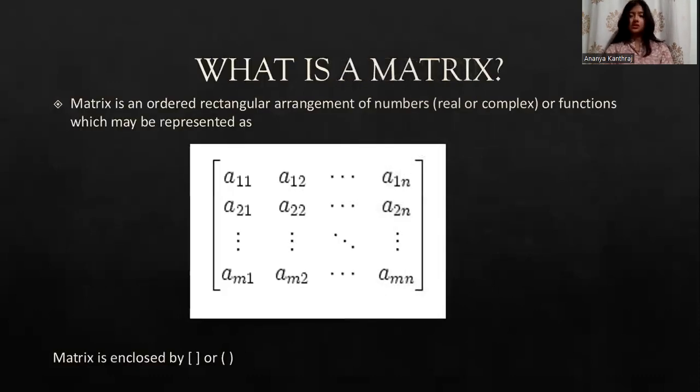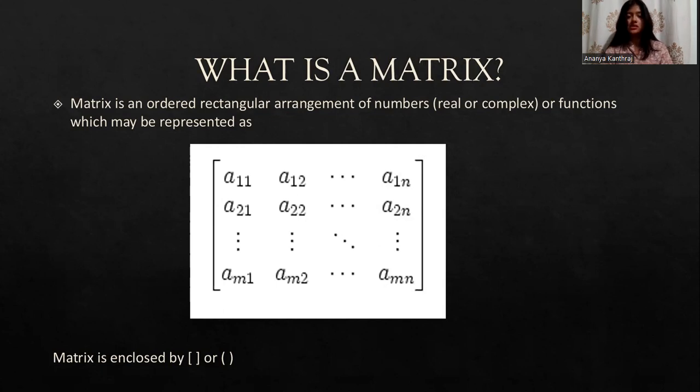So basically, what do you understand by a matrix? A matrix is an ordered rectangular arrangement of numbers. The numbers can be either real or complex, or functions, which can be represented as shown in the slide. The matrix is enclosed with square brackets.